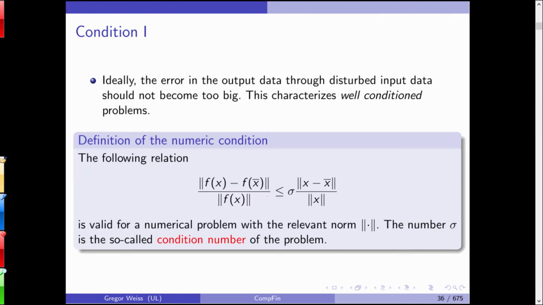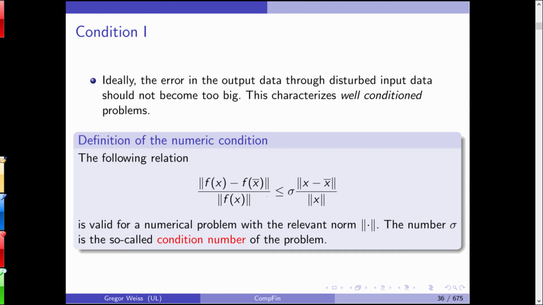Then let's look at condition. What is the numerical condition of a problem? Let's look at this relation here. F of x, so this is what we are expecting: correct algorithm, correct input data, minus correct algorithm, faulty input data, relative error with respect to the expected true result f of x, is smaller or equal than sigma, the so-called condition number of the problem, times the relative error between x and x bar.